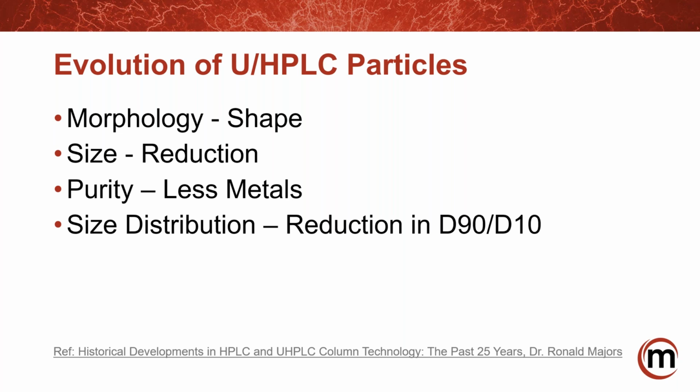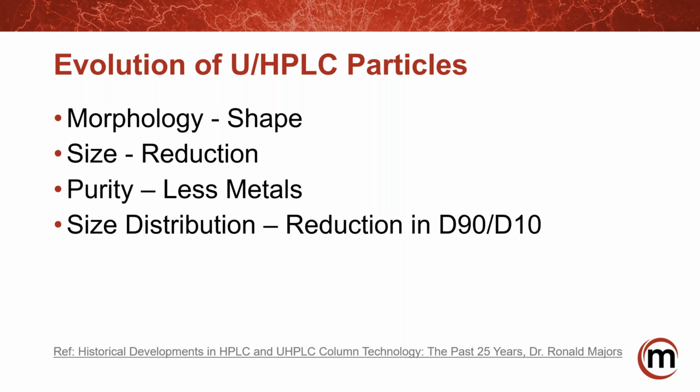Usually, the first commercially available particles used on a regular basis were irregularly shaped, not spherical, and then they eventually figured out that we could make spherical particles. And then the size: the original particles were 100 micron, and then we go down to 50, then 20, 15, 10, 5, 3, and now sub 2.